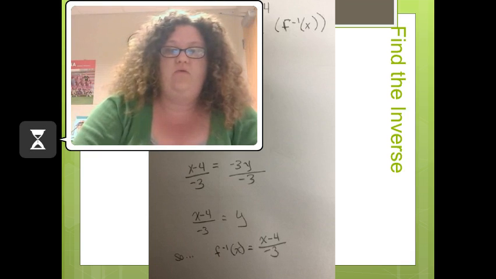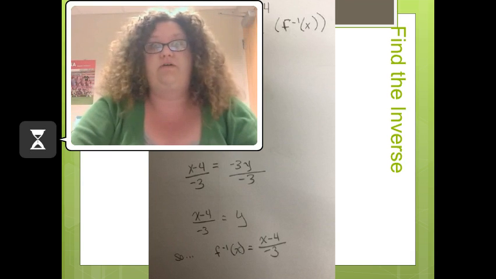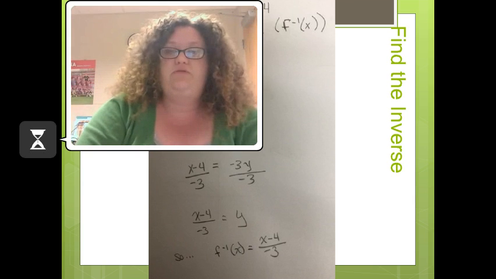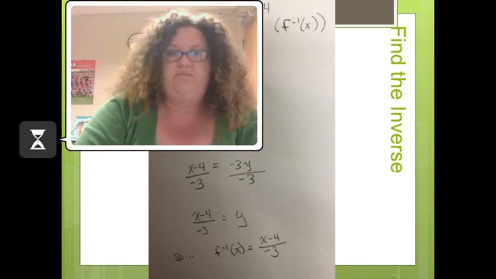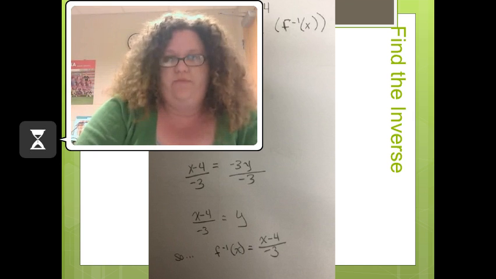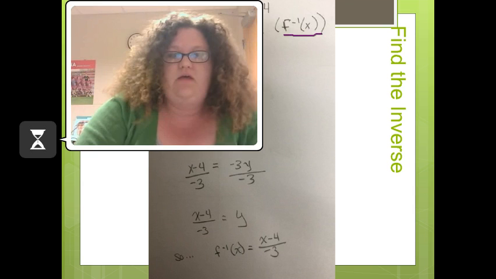When we're given a function and someone wants us to find the inverse of that function, there's a little bit of algebra we have to do. Remember, I told you that we switch the x and the y. That's your first step. If we're given the function f of x equals negative 3x plus 4, we want to find f to the negative 1 power of x.